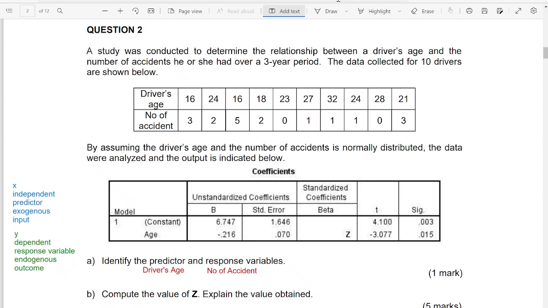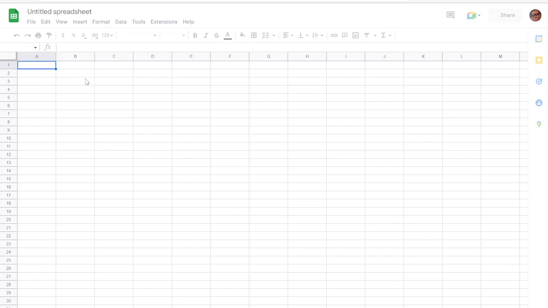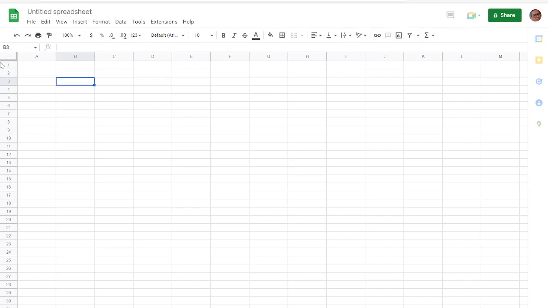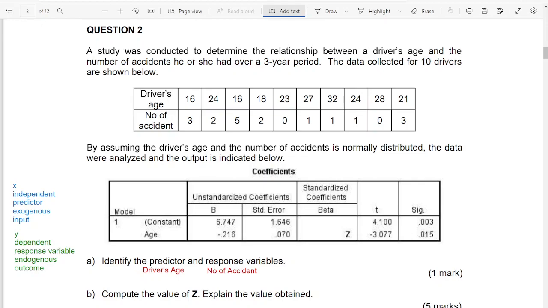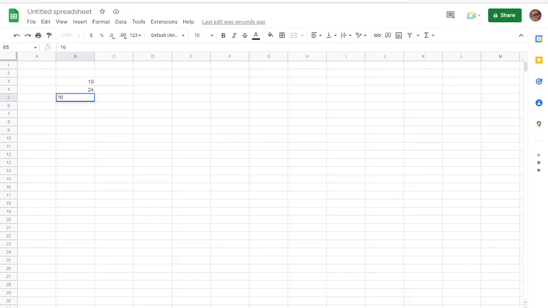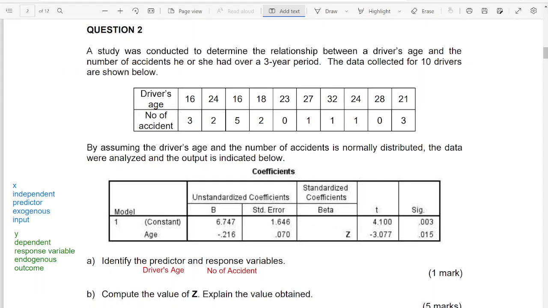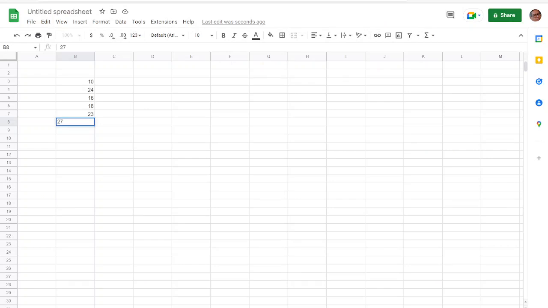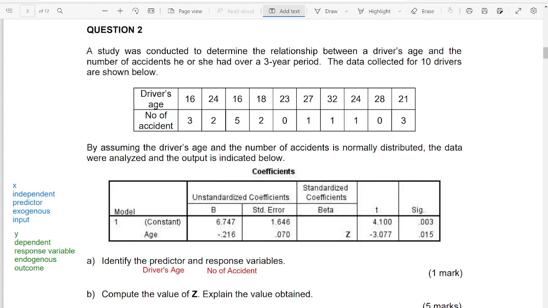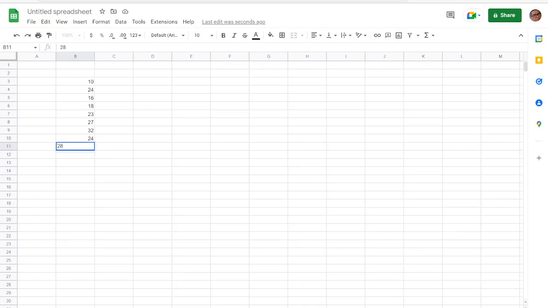Okay, I will try to get the data. So 10, 24, 16, 18, 23, 27, 30, 32, 24, 28, 21.